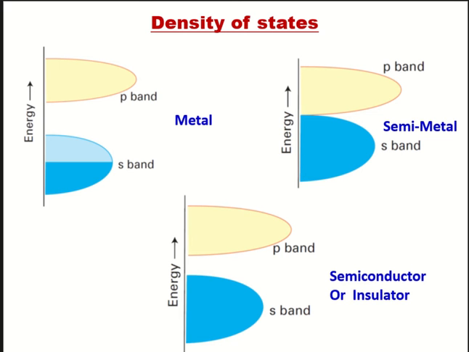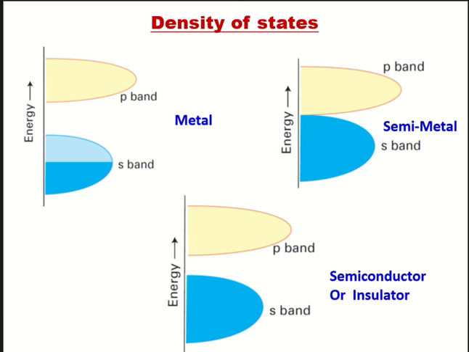The gap is there between the S and P band, but in the case of sodium or lithium, the S band is half filled, so conduction will happen. So this is a typical density of states graph for metals.